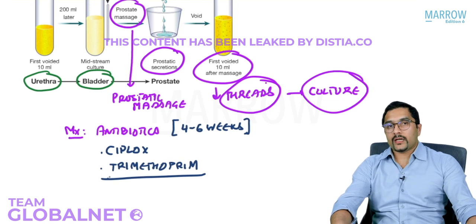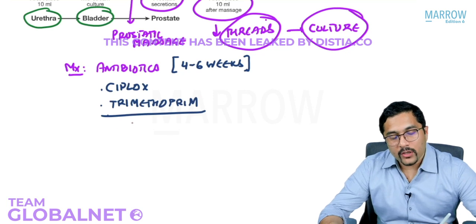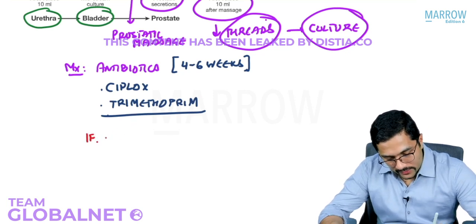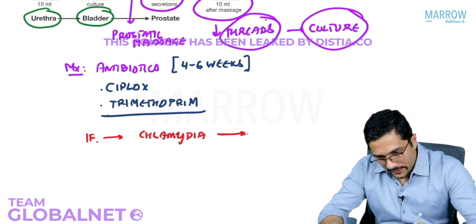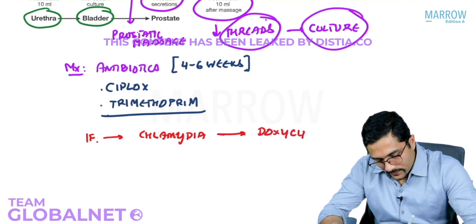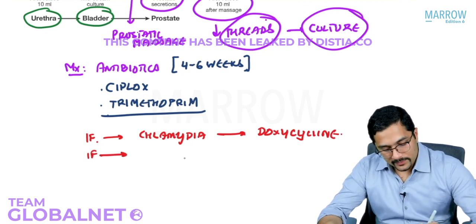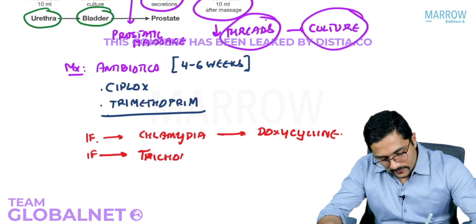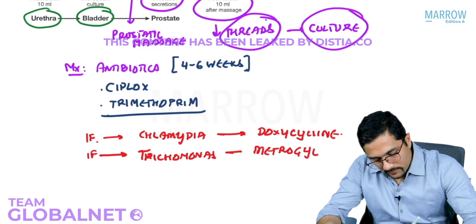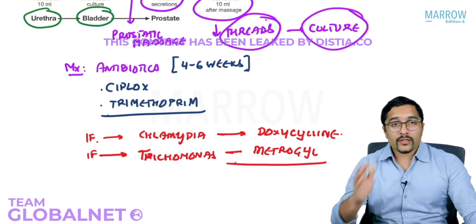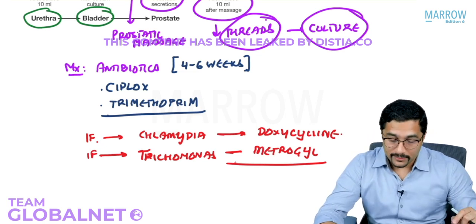Now, if chronic prostatitis is because of chlamydia, then doxycycline is used. And if the chronic prostatitis is because of trichomonas, then metronidazole, Metrogyl, is used. So this was regarding chronic prostatitis. I want you to know the 3-tube test, which has been asked in the exam.